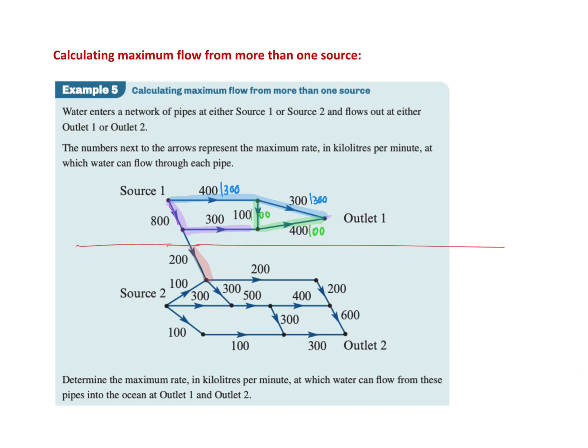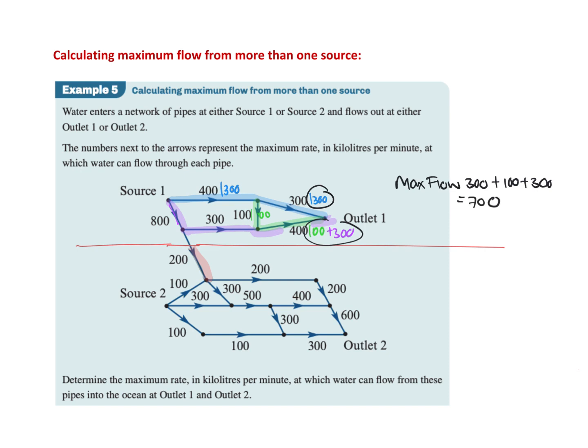Do I have room for 300 to come through here? Yeah, I do. So add 300. So the maximum flow for this one would be the 300 plus the 100 plus the 300. So maximum flow is 700.